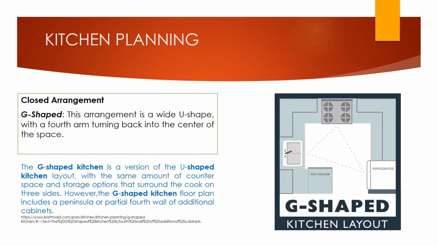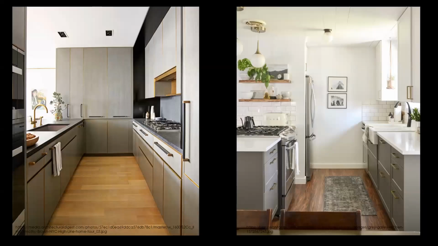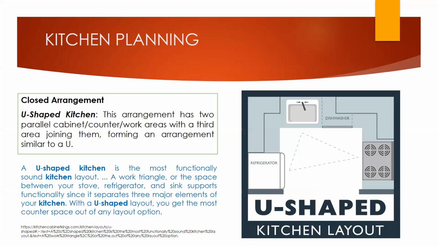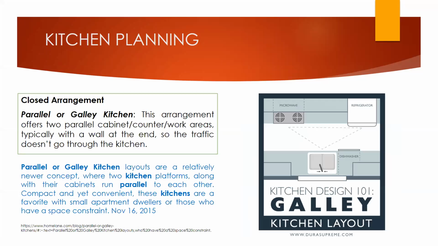I think this is the most popular here so far in the US, and maybe the rest of the world is starting to go that way, because if you have a medium house or a small house, you can go with this.